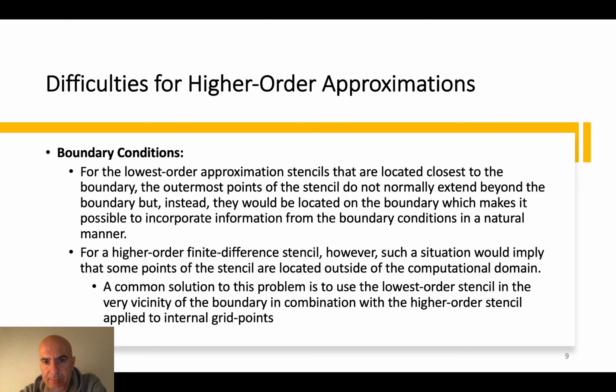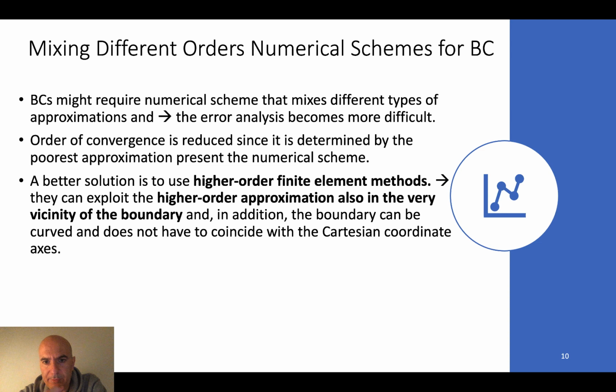However, when we need to put the boundary condition on the boundary, we cannot have a larger stencil because we don't have many points outside the domain. So for the boundary condition, we typically use a lower order approximation of our derivative. So we mix lower order approximation at the boundary and higher order approximation in the internal points of the domain. However, this leads to mixing different order numerical schemes for the boundary condition.